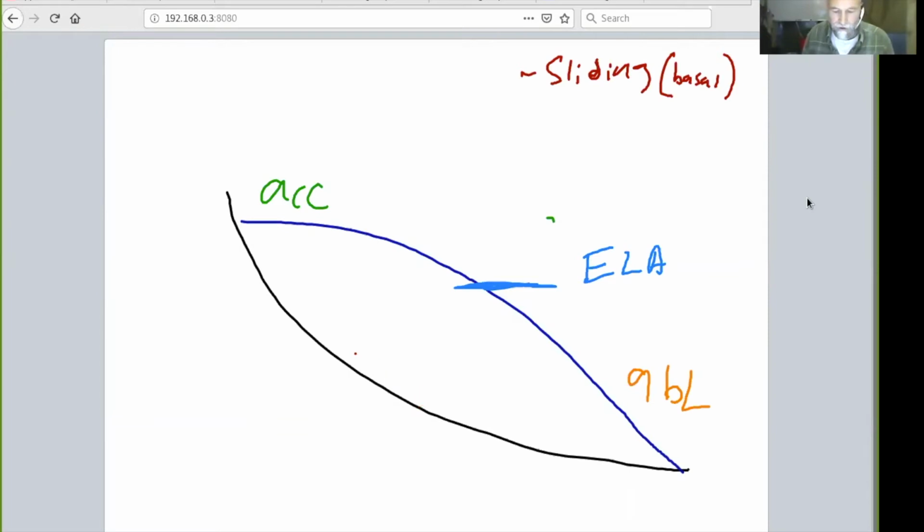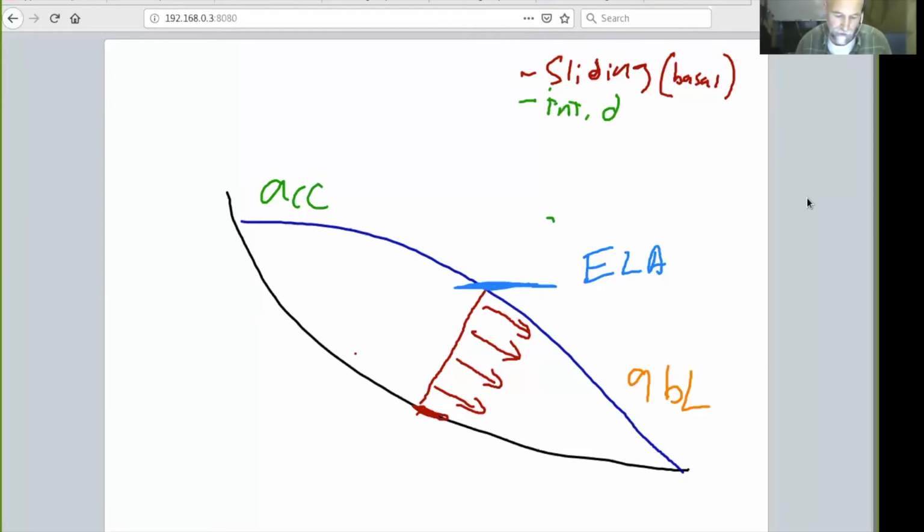In basal sliding, all of the ice is flowing at the same speed, because it's just sliding down the hill.